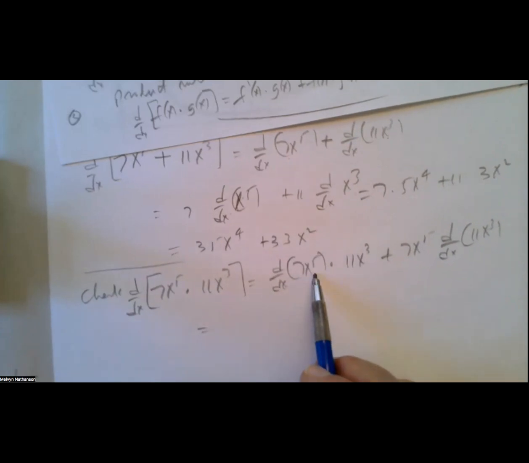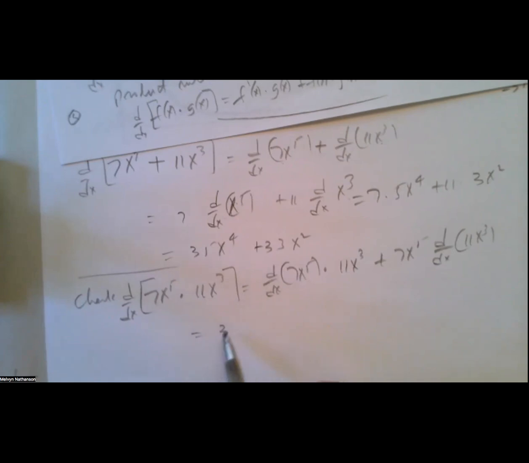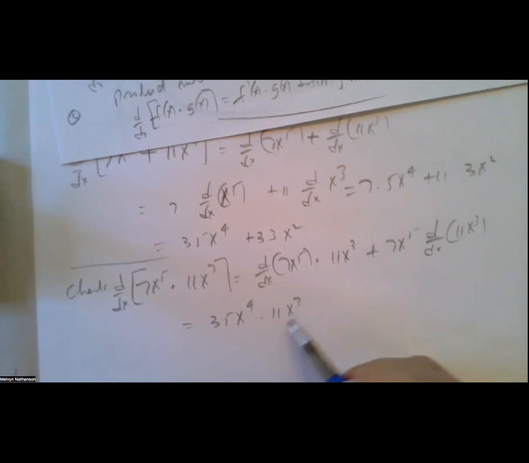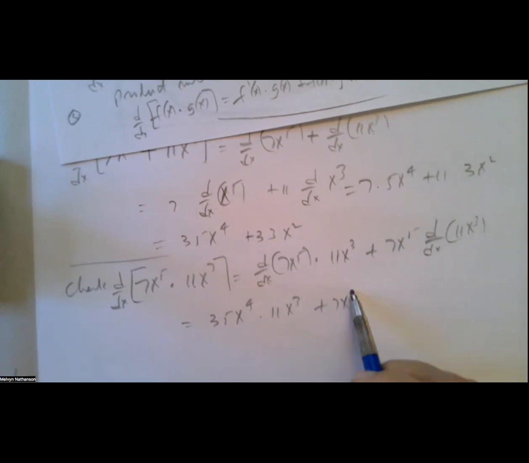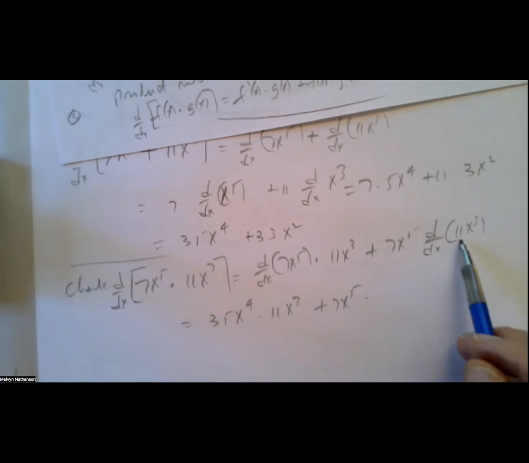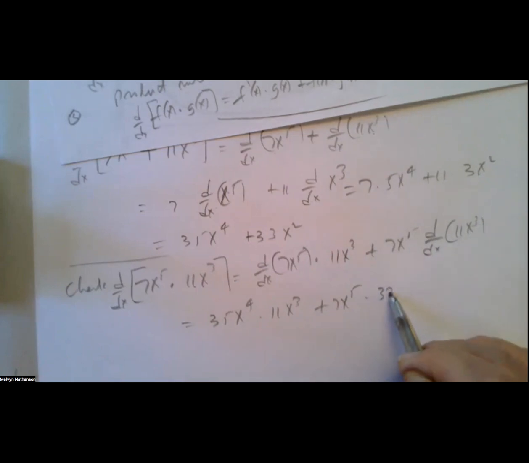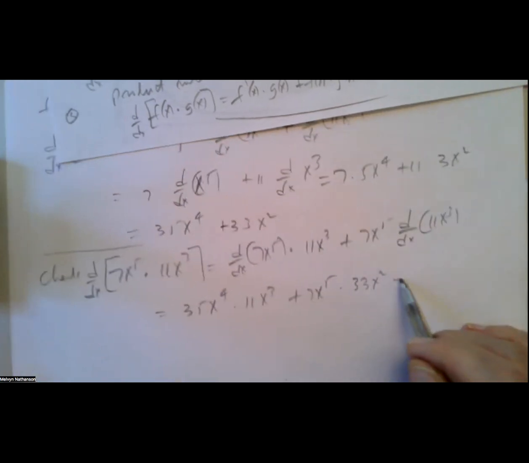The derivative of 7x to the 5th we saw is 35x to the 4th, times 11x cubed, plus 7x to the 5th, and the derivative of 11x cubed is 33x squared.